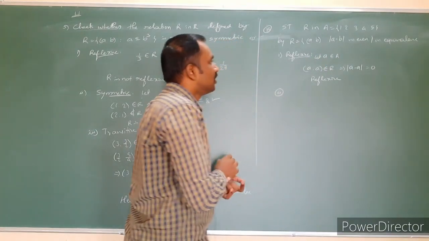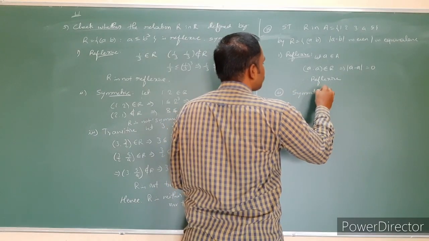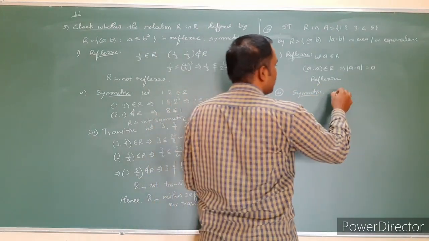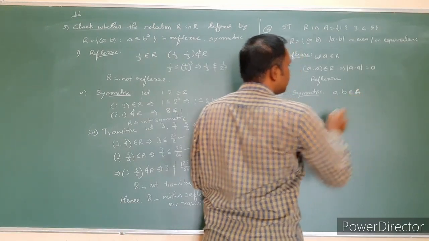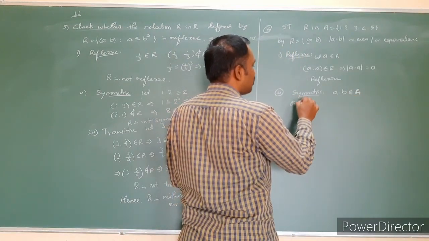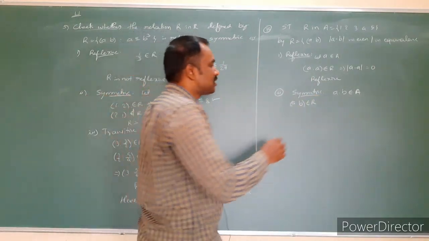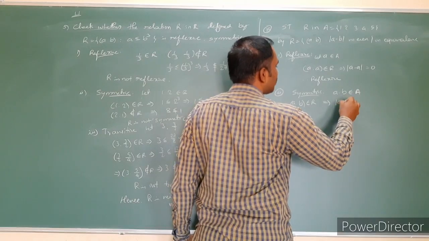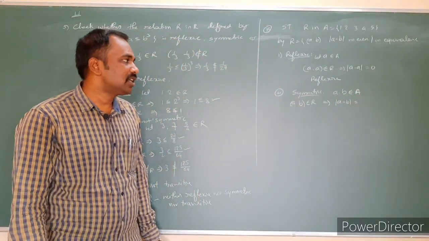Next, the second case, symmetry. Let a and b be any two numbers belonging to the given set. If the ordered pair (a, b) is present in the relation R, which implies |a - b| is an even number. What is the definition of an even number?